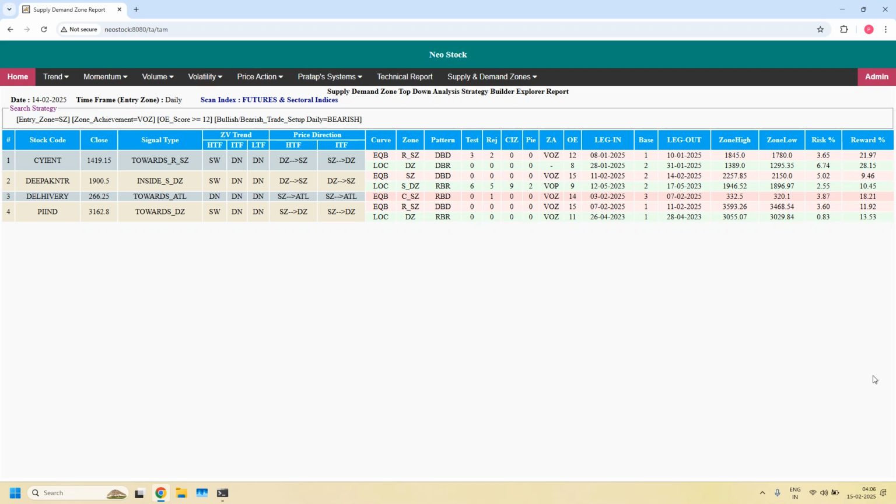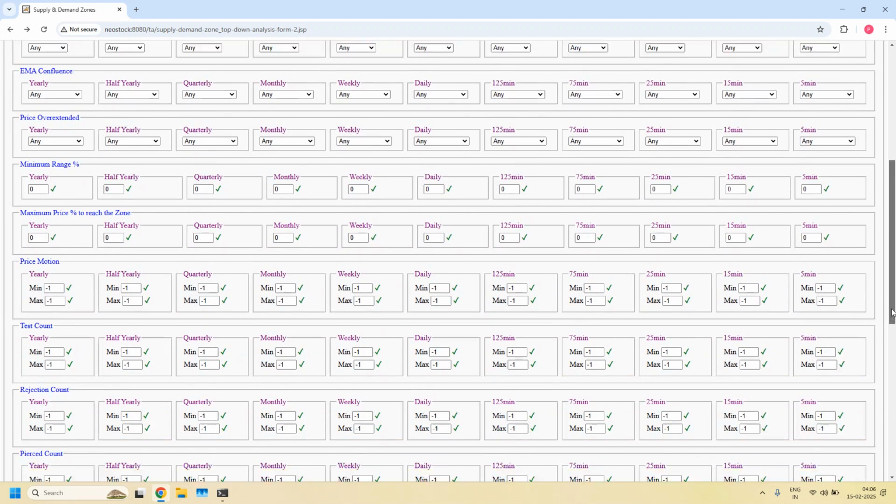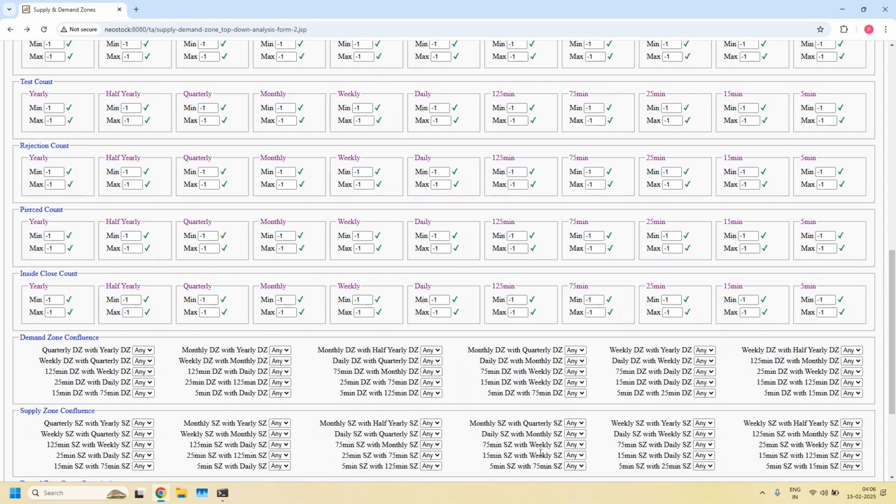Already, out of 4, 3 are having high liquidity zones. But even then, we should look based on the concept of zone confluence. This time, supply zone confluence. So the first filter is LTF and ITF supply zone confluence, that is daily and weekly supply zone confluence. So I'm enabling this filter.